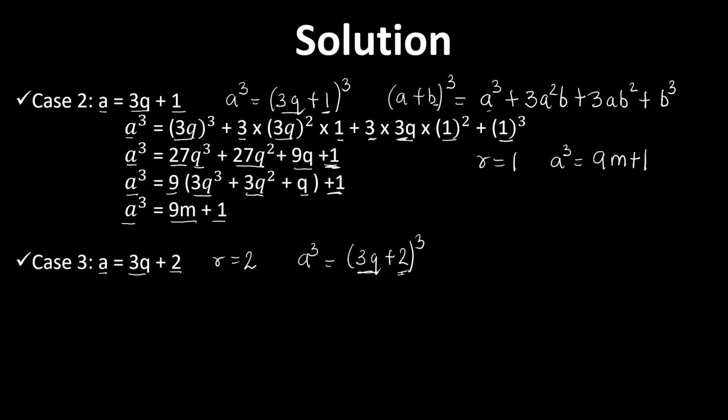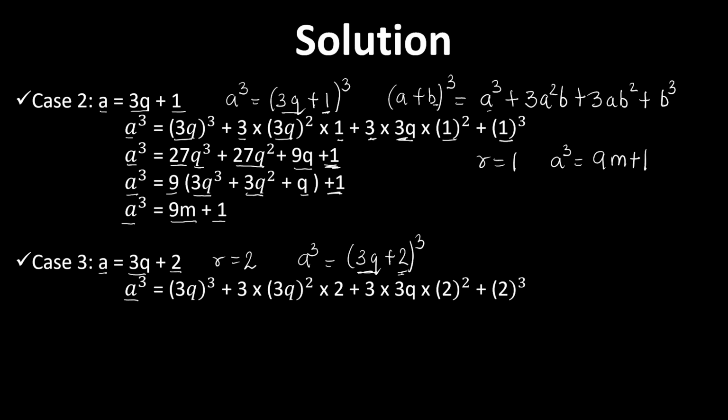Let's expand it. So, it would be a cube is equals to 3q whole cube plus 3 multiplied by 3q whole square multiplied with 2 plus 3 multiplied with 3q multiplied with 2 whole square plus 2 whole cube. So, simply we have used this identity in order to expand 3q plus 2 whole cube.